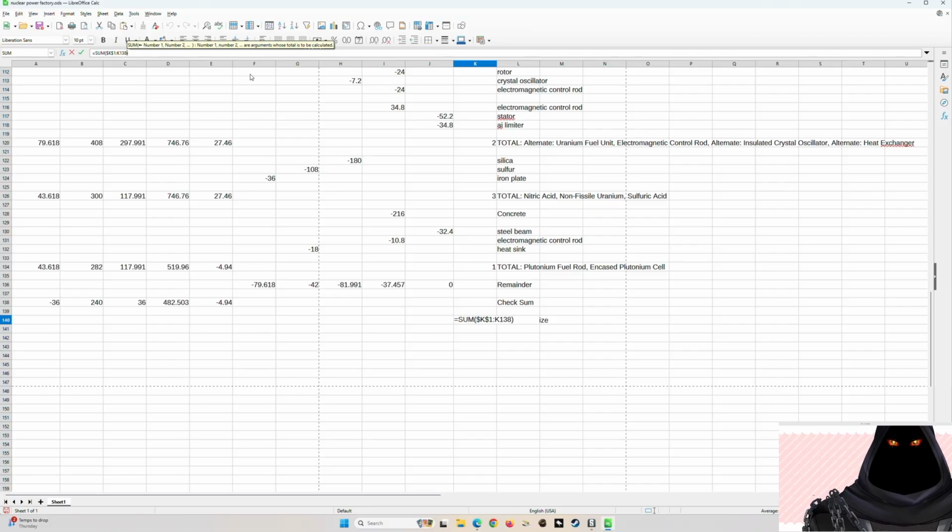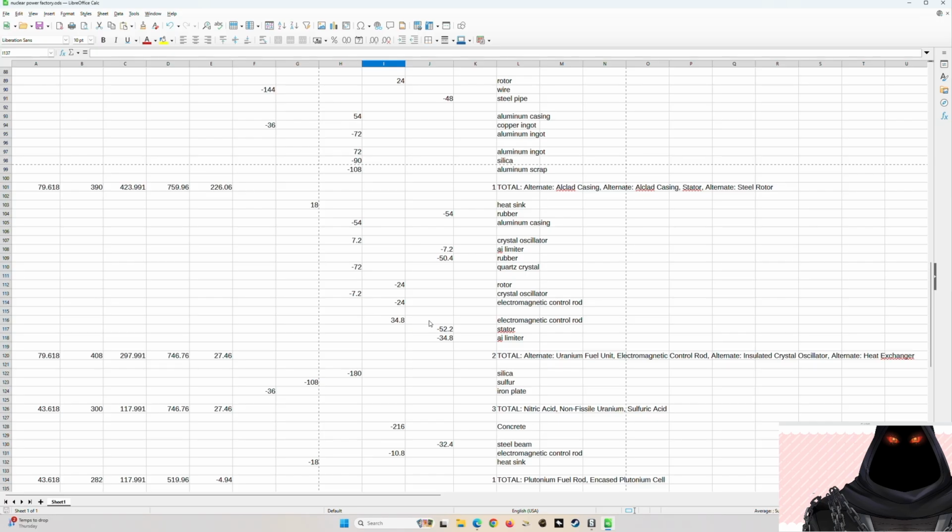Plus 15 reactors, plus 2 particle accelerators, so 38. Total stack size, which is below 49, so that's good. Okay. So the checksum is definitely not 0. That means I made a mistake somewhere, so we've got to figure out where.